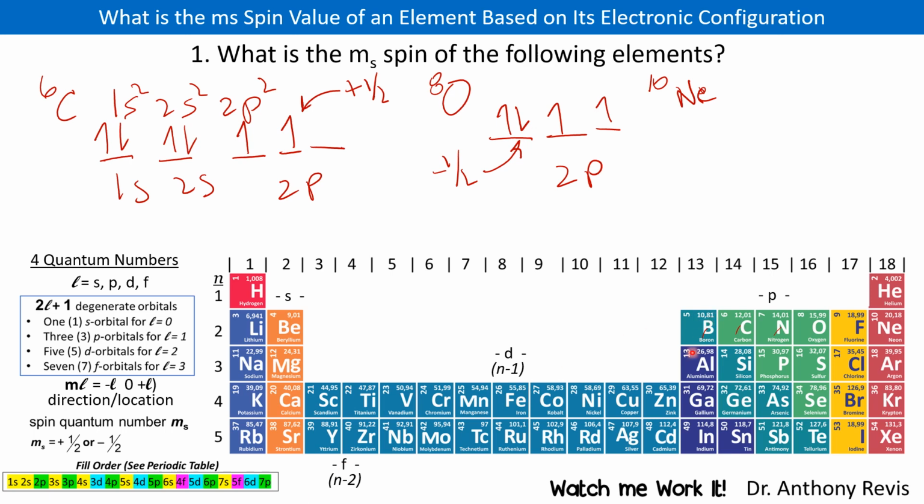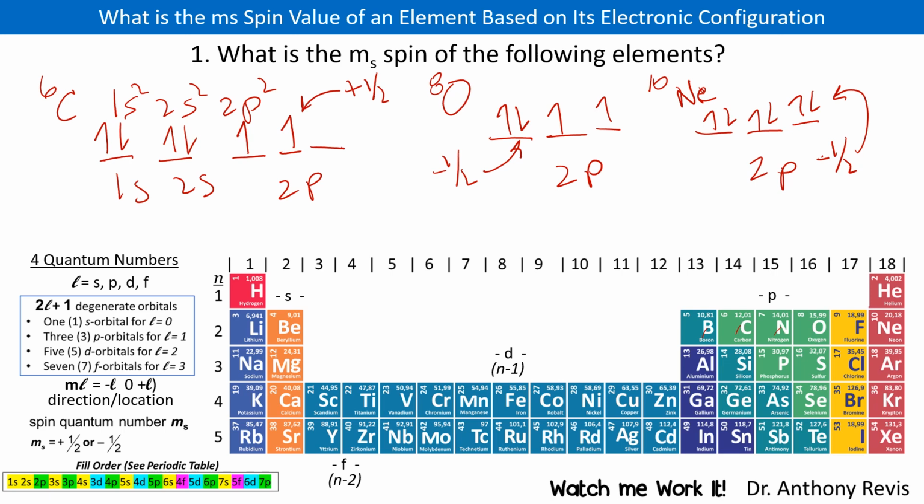In the p, we'd have 1, 2, 3, 4, 5, 6 in the p orbitals. So we have 3 degenerate p orbitals. So that's your 2p again, and that's going to be 1, 2, 3, 4, 5, 6. And therefore, we have again another negative 1/2 spin.